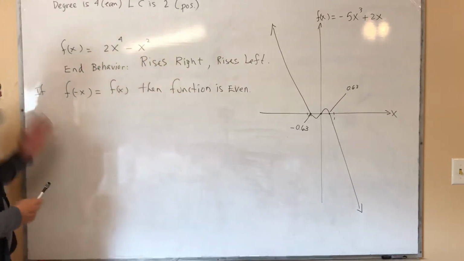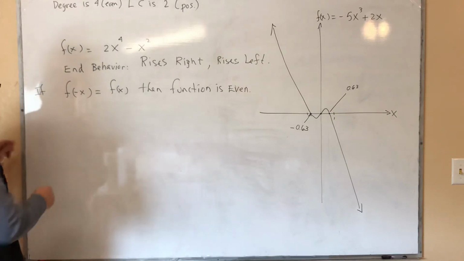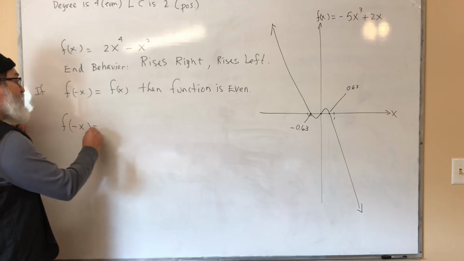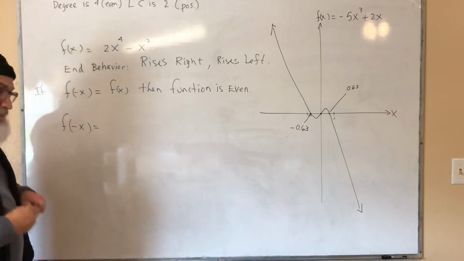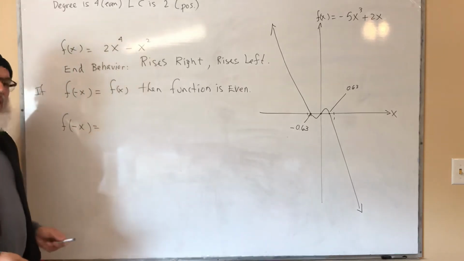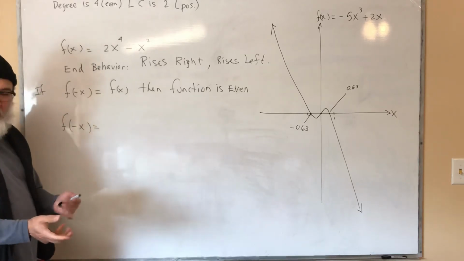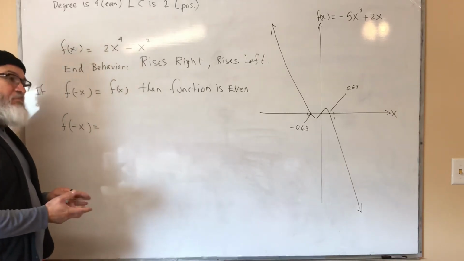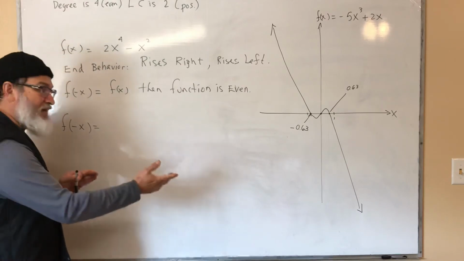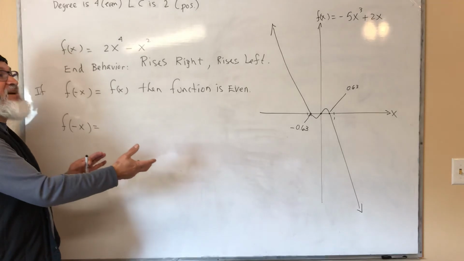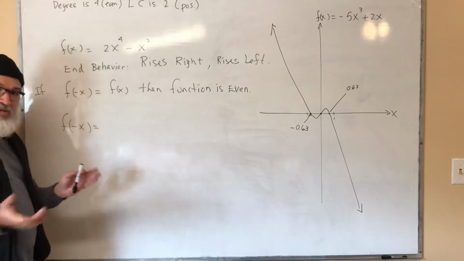All right, I'm going to plug in negative x, so f of negative x into the function. If I get the opposite of the function, then it's odd. If I get the function again, then it's even. If it's even, I graph one side of the y-axis, and I know it's going to be exactly the same thing on the left side. That's what it means to be even.